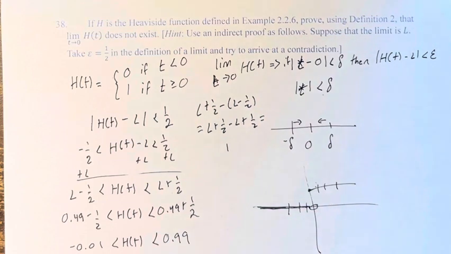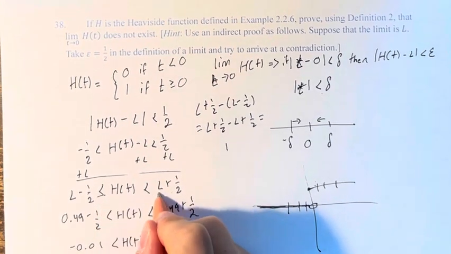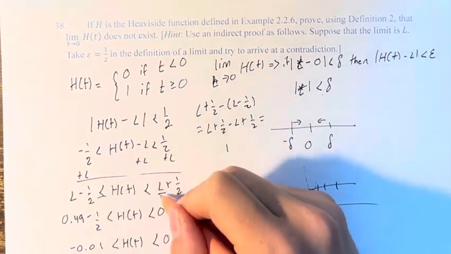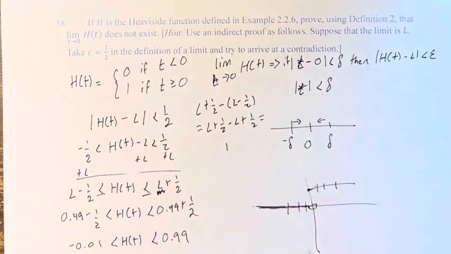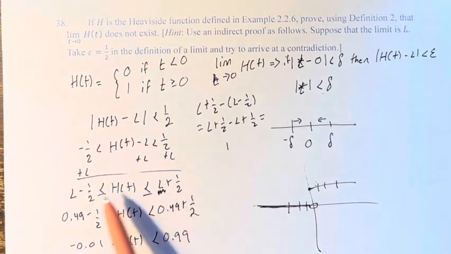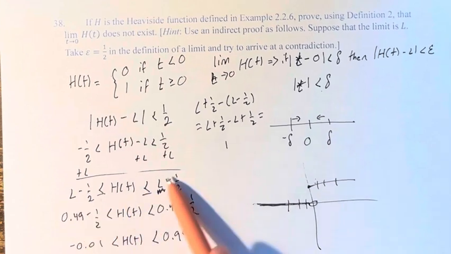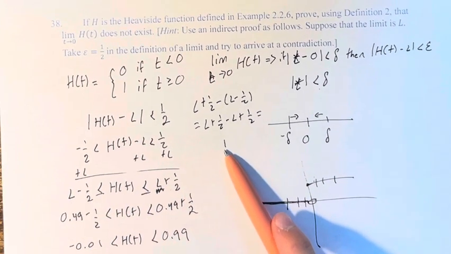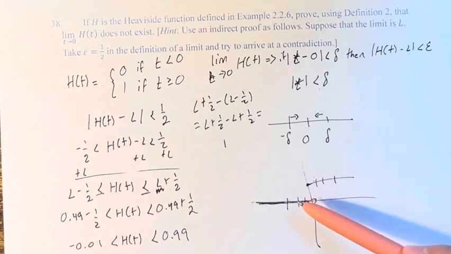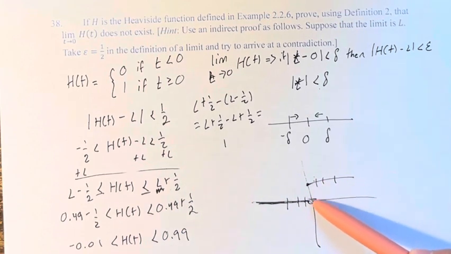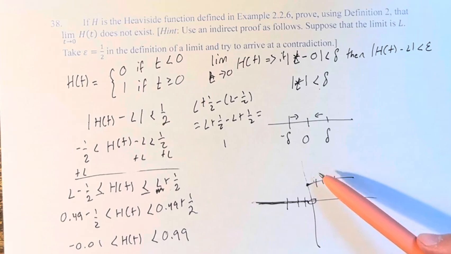So the best case scenario would be if we had h of t less than or equal to L plus 1/2 and greater than or equal to L minus 1/2. Why? Because if we did that, then the difference between these 2 points would be 1. They'd be valid points, and 0 and 1 would be allowed to exist here.